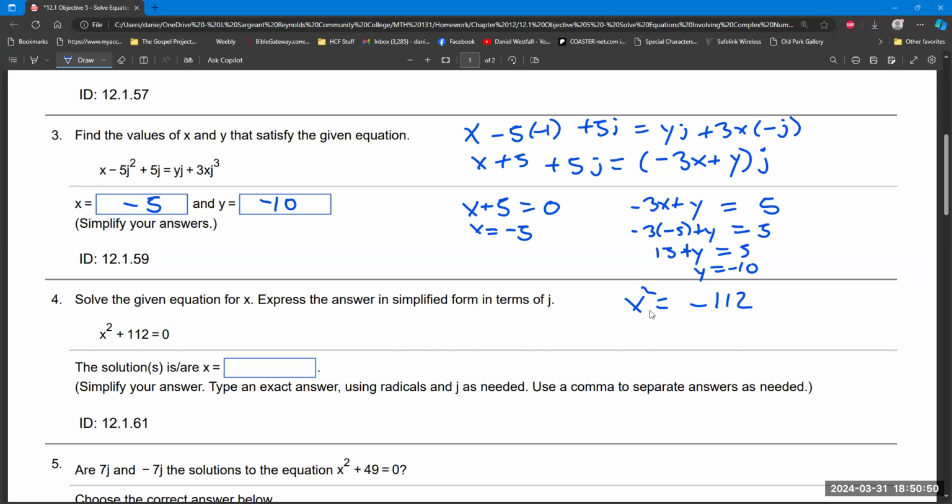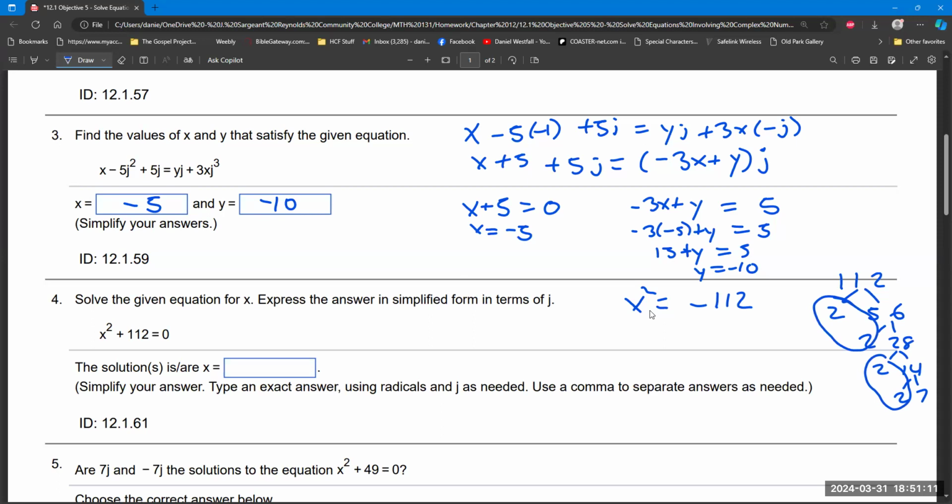So I'm going to use a factor tree here. I'm going to say that this is 2 times 56, which is 2 times 28, which is 2 times 14, which is 2 times 7. And I see 2 2's, which is 4.